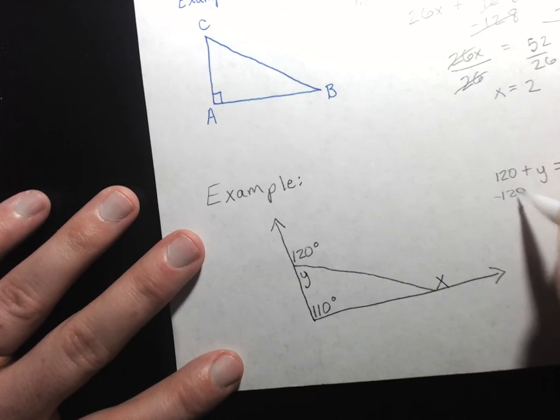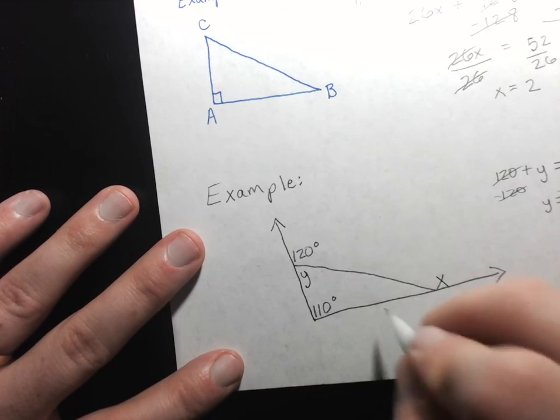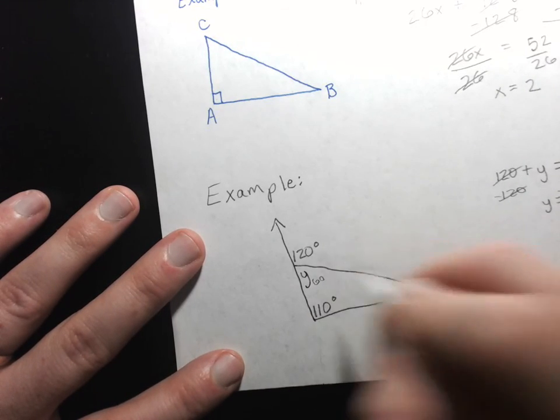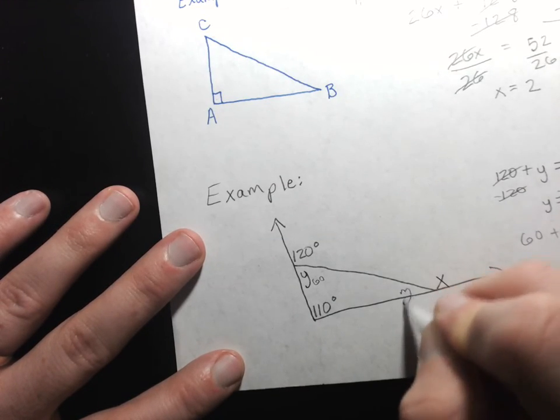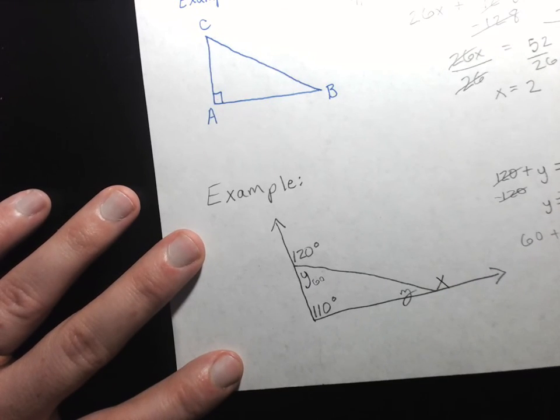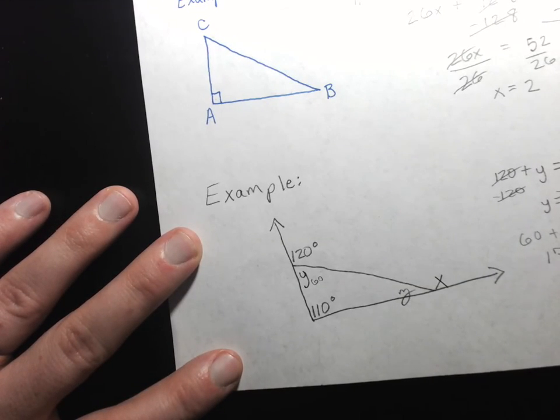Subtract from 120, and y will give me 60. So with this being 60, now I've got 60 plus 110 plus z, for the sake of picking another variable, will equal 180 because that's the interior angles of a triangle. 60 plus 110 is 170 plus z equals 180.